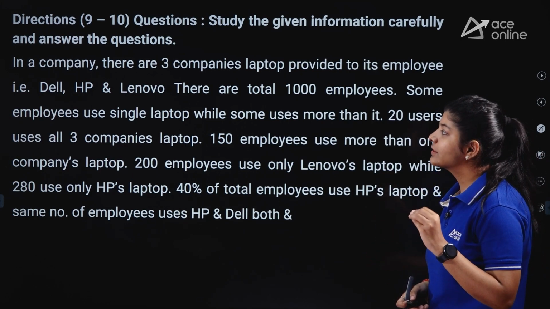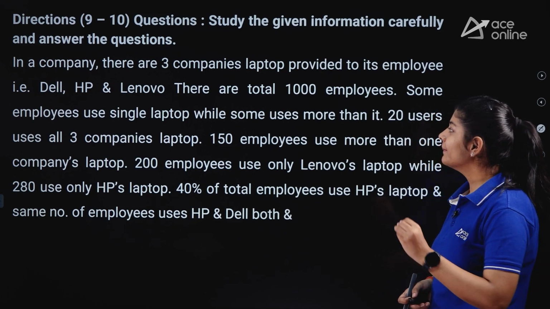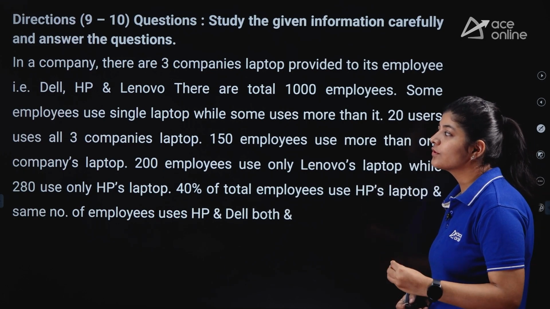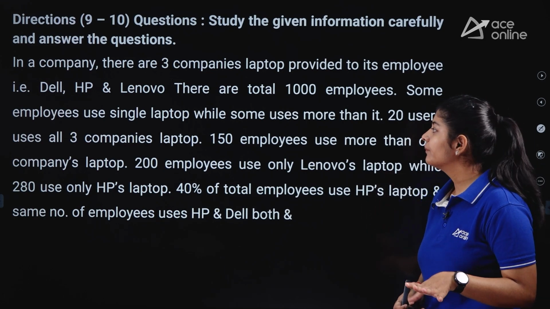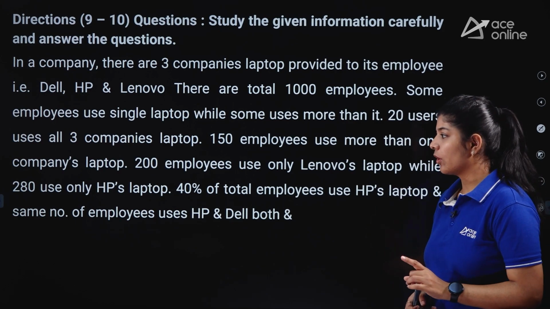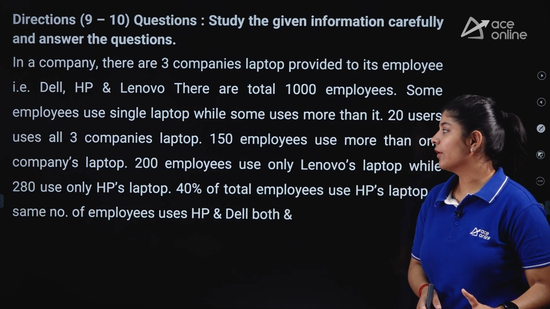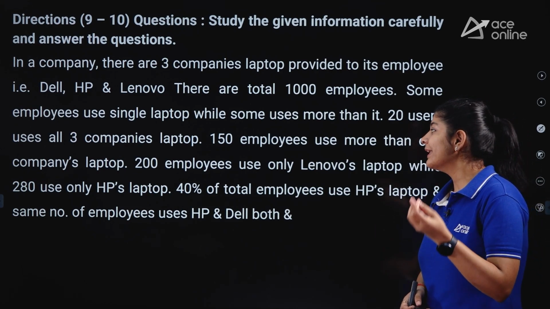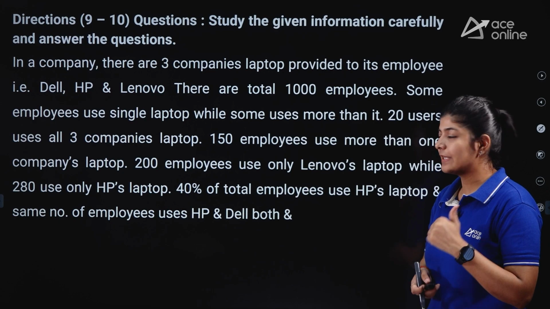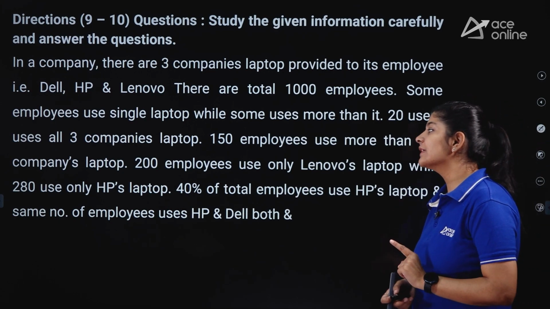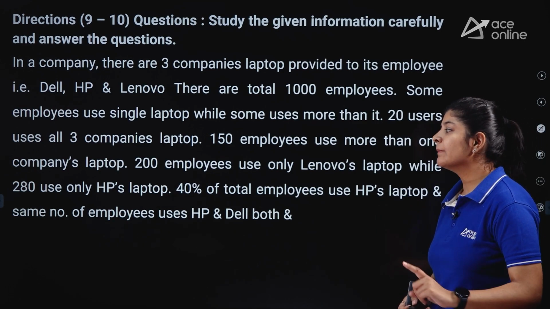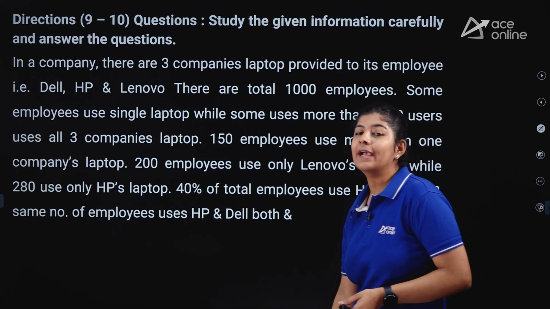Some employees use a single laptop while some use more than one. 20 users use all 3 companies' laptops. 150 employees use more than one company's laptop. 200 employees use only Lenovo's laptop, while 280 use only HP's laptop. 40% of total employees use HP's laptop, and the same number of employees use HP and Dell laptops.